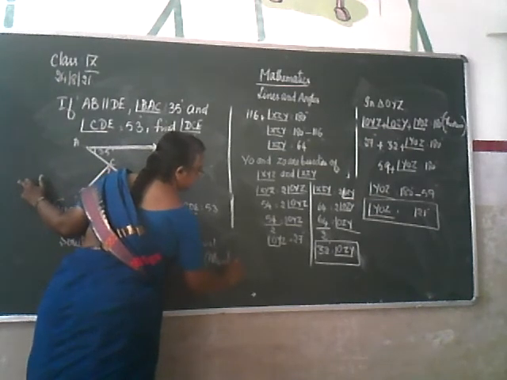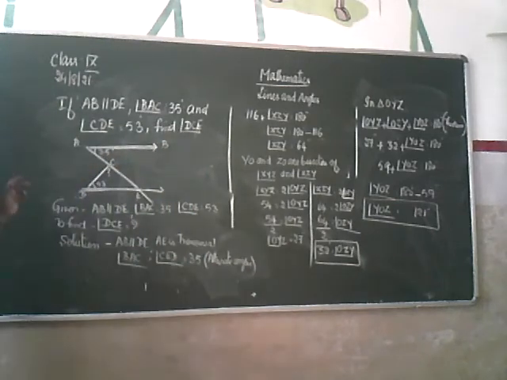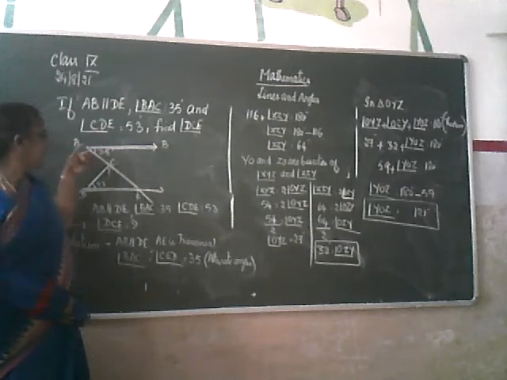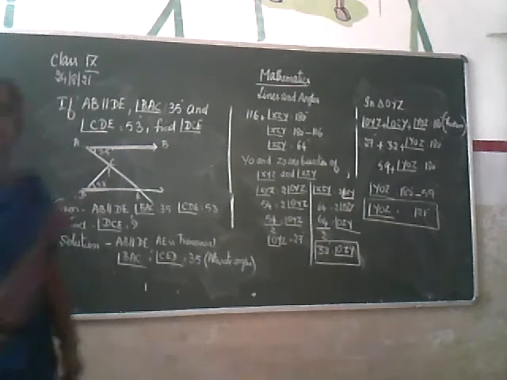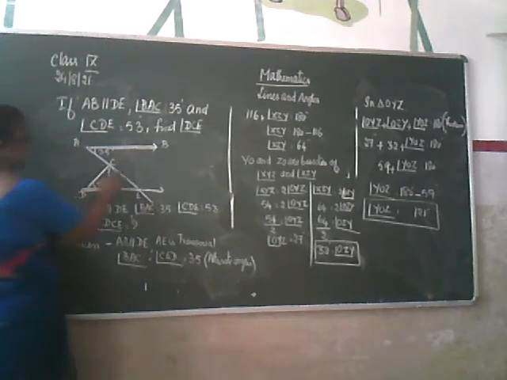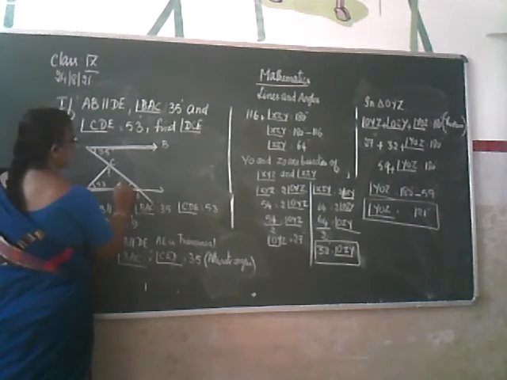So when the lines are parallel and they are cut by a transversal, alternate angles are equal. So BAC is equal to CED. So they are alternate angles. Now I know CED. This is 35.